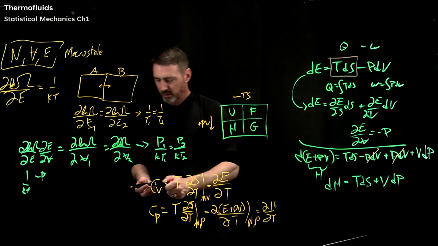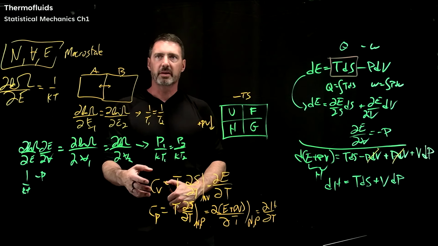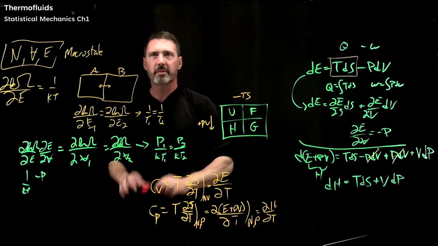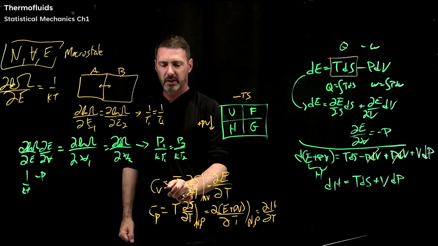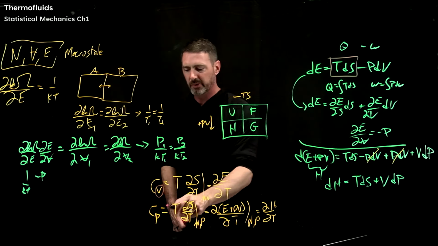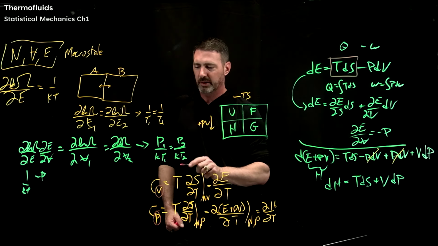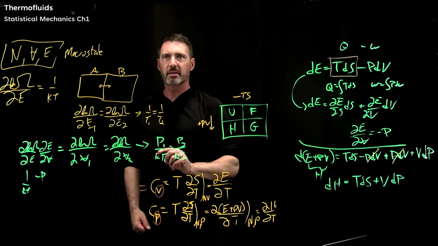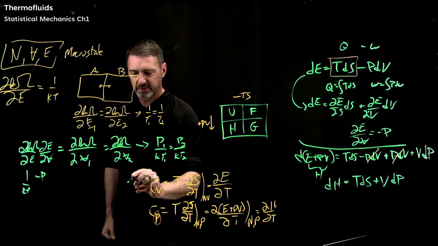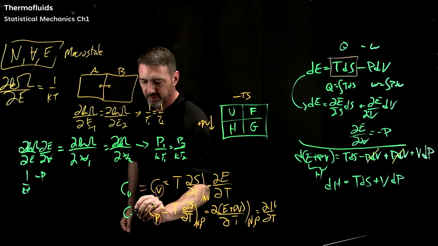And so, you might hear in a basic undergrad class, we write these constant volume specific heats, constant pressure specific heats, and people always get caught up. This is what I'm doing, the warning. People always get caught up on, oh, well, I used Cv because my volume was constant, or I used Cp because my pressure was constant. I really wish that the entire community would write this as the specific heat for internal energy and the specific heat for enthalpy.